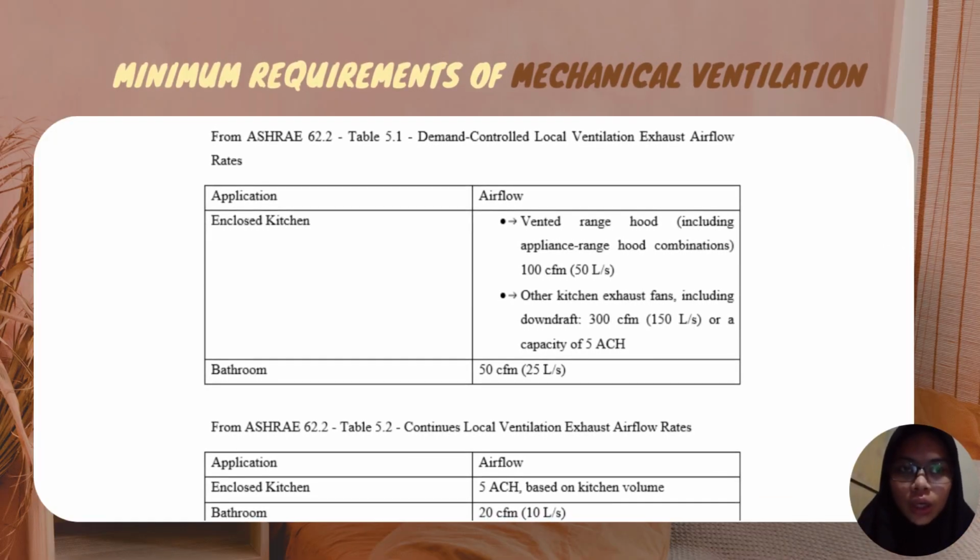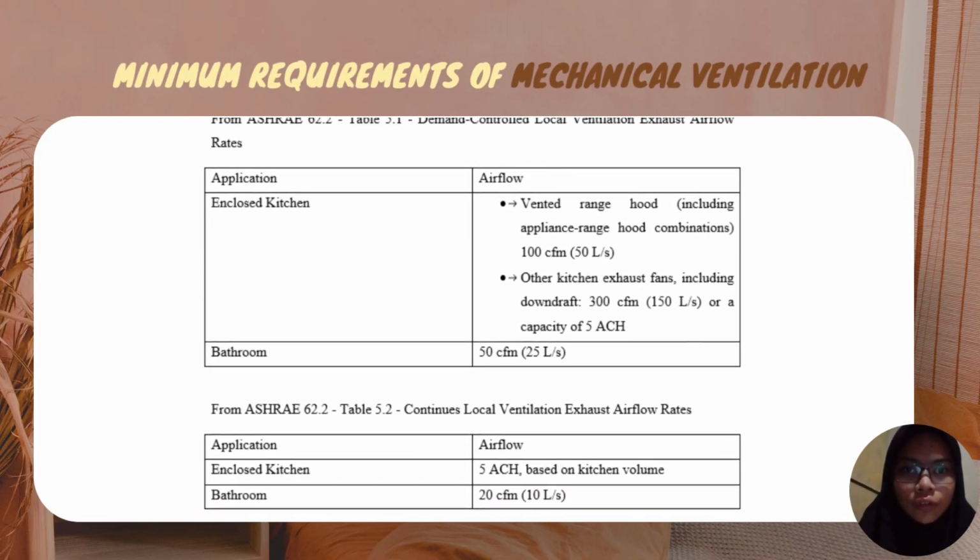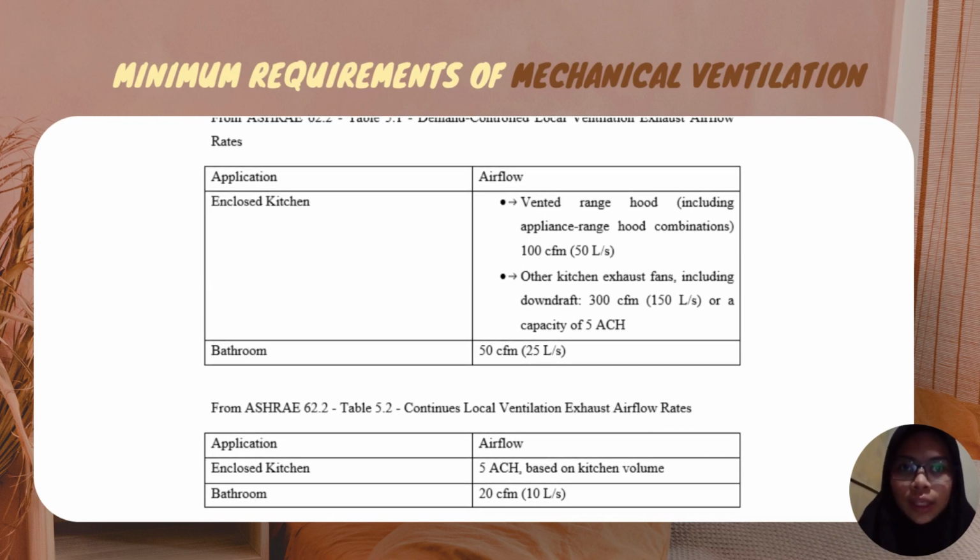Minimum requirement of mechanical ventilation for the enclosed kitchen, from table 5.1, demand control local ventilation exhaust airflow rates. We are getting for the enclosed kitchen vented range hood, including appliance range hood combination, 100 CFM, or in unit L per S, which is 50.